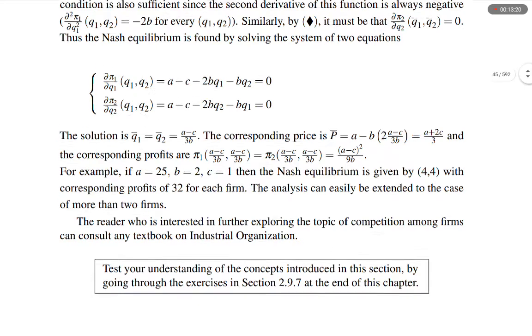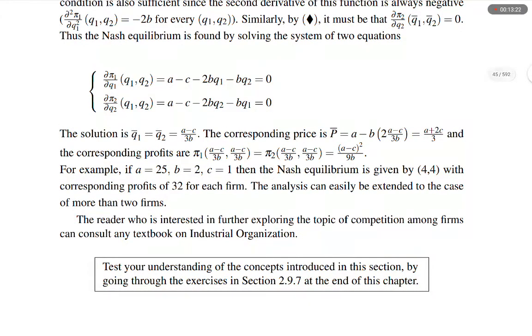Similarly, by the diamond, it must be that the partial derivative of π₂ with respect to q₂ at (Q̄₁, Q̄₂) equals 0.